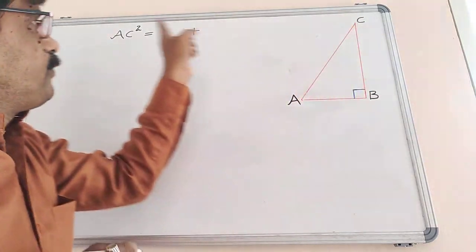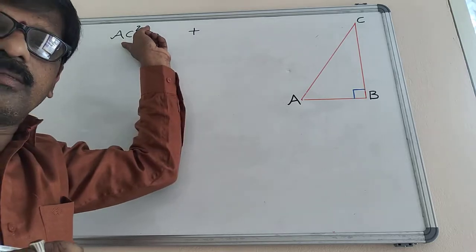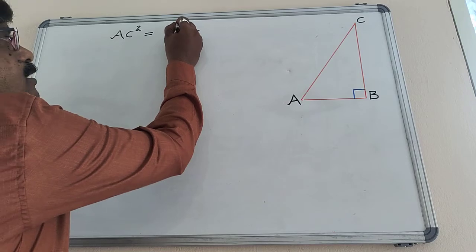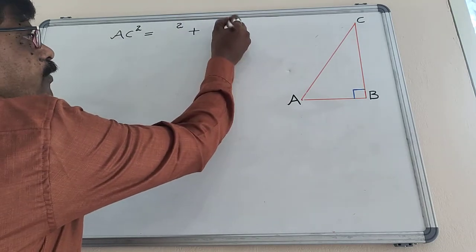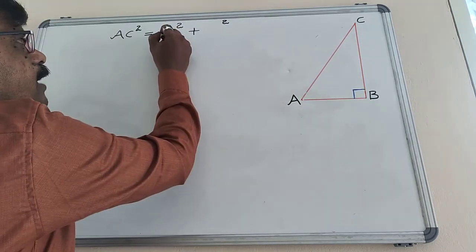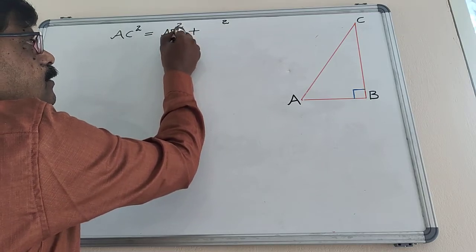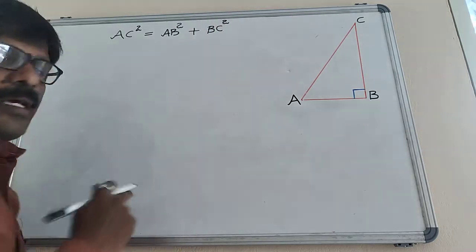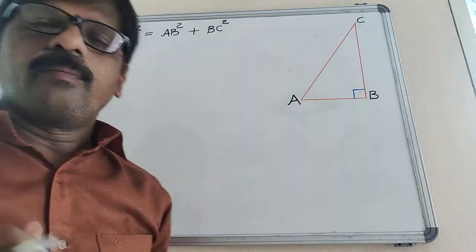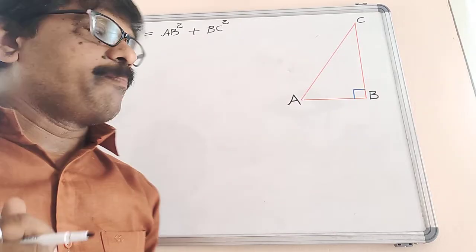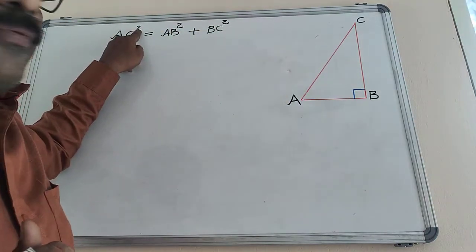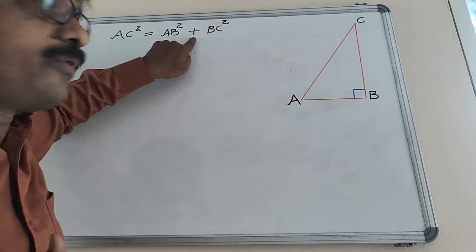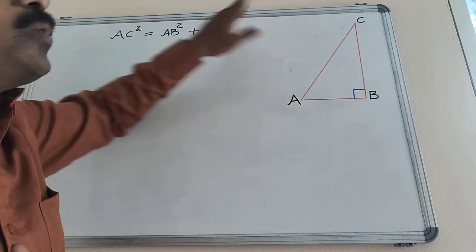That means AC square equals AB square plus BC square. That is according to Pythagorean theorem. So once again, the square of hypotenuse is equal to the sum of the squares of other two sides.